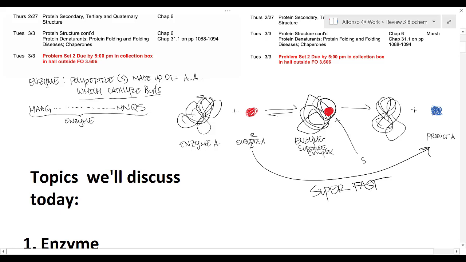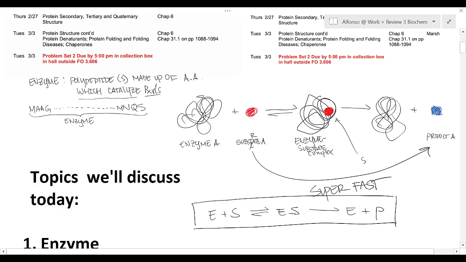And so we can represent this whole diagram with a very general equation, but it's an equation that you should know and that you should know for the rest of your life. And that is enzyme plus substrate forms the enzyme substrate complex, and then enzyme substrate complex forms enzyme plus product. This equation right here, I want you to burn it into your brain.